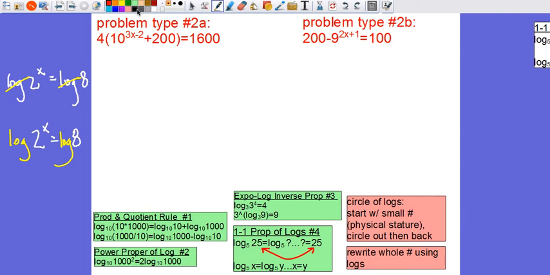Most typically people want to distribute this, which is fine, but let's do an easier way. This basically is times, so you can think of this as 4 times a big fat X. If 4 times x equals 1600, you can divide both sides by 4 to get x by itself.